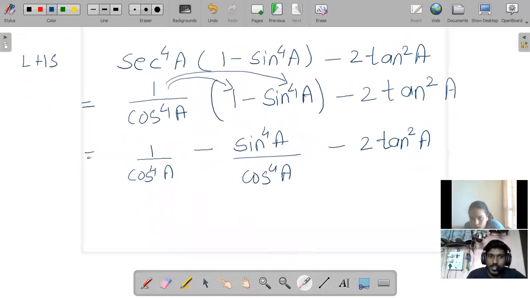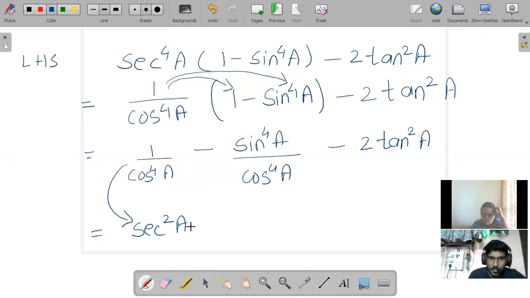Now what you'll do is this 1 upon cos raised to 4a, I know it is a reciprocal of sec. So again, I will write this as sec raised to 4a.